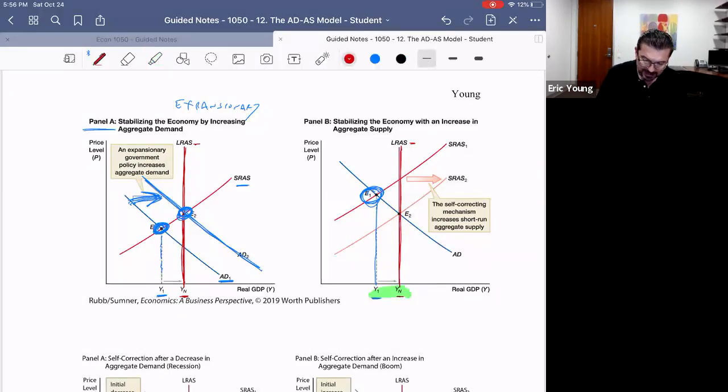Over here in panel A, again, we argue that we can use government stabilization policies to shift the AD curve to the right. The self-correcting mechanism would say this. Here, we've got this output gap. We have a recessionary gap, and there's a lot of people unemployed. The way that this would play out in the self-correcting mechanism theory is this high level of unemployment would lead to, over time, existing workers having to accept lower wages.